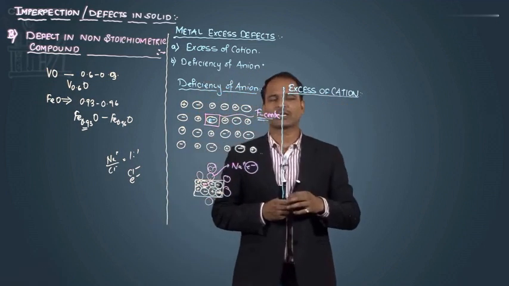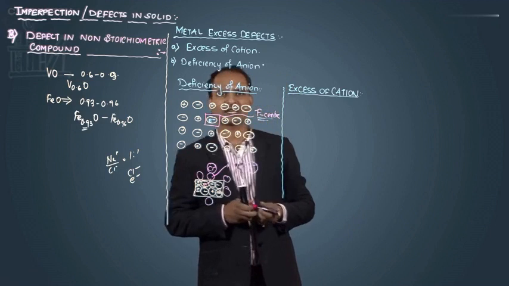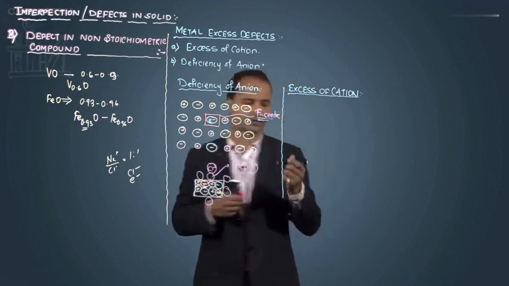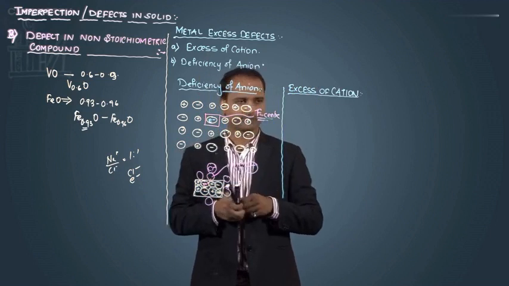Now let's see what happens in the case of excess of cation. As the name says, the cations are more in number, and ultimately it is a metal excess defect.